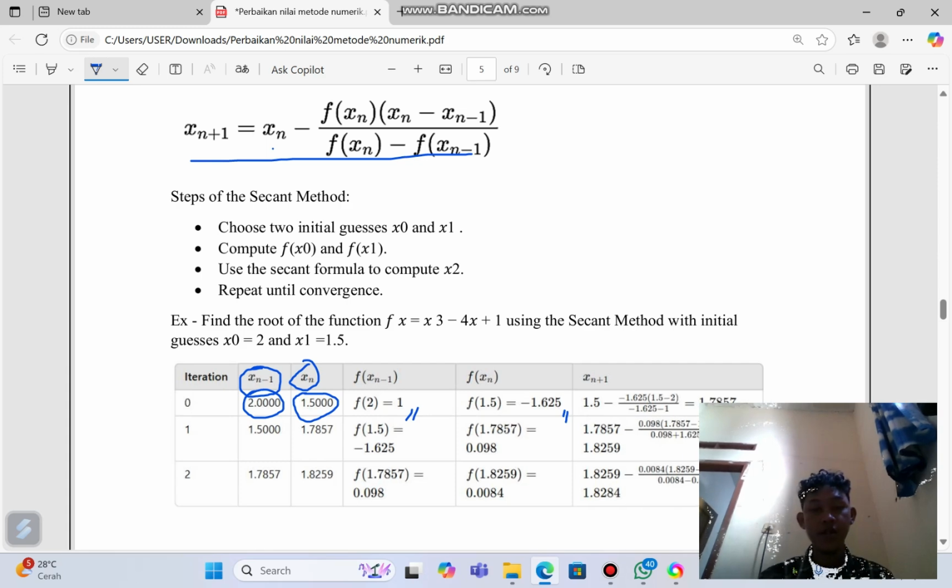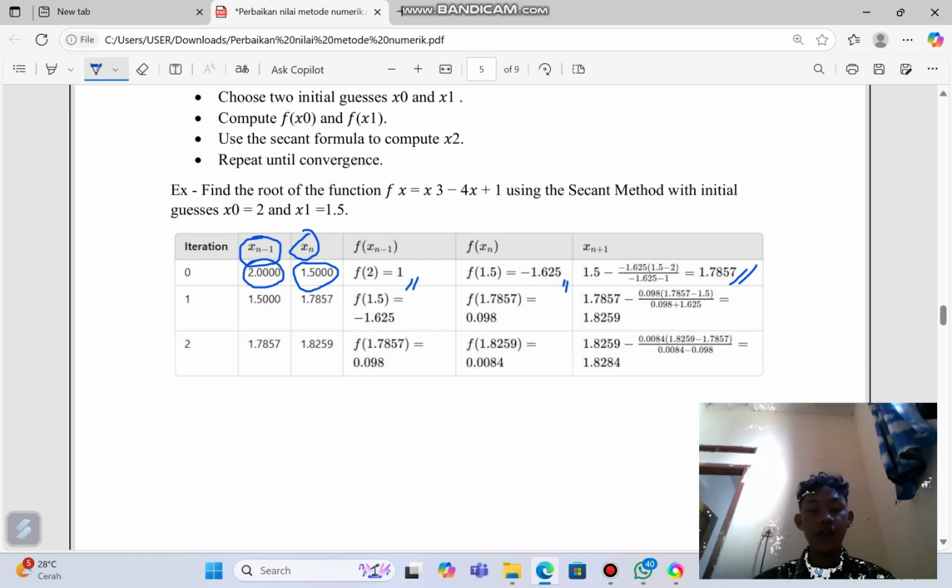We substitute it into here and here, and x_n minus x_{n-1} is 1.5 minus 2, and f(x_n) minus f(x_{n-1}) is minus 1.625 minus 1. After we substitute it, we can get the value 1.7857.